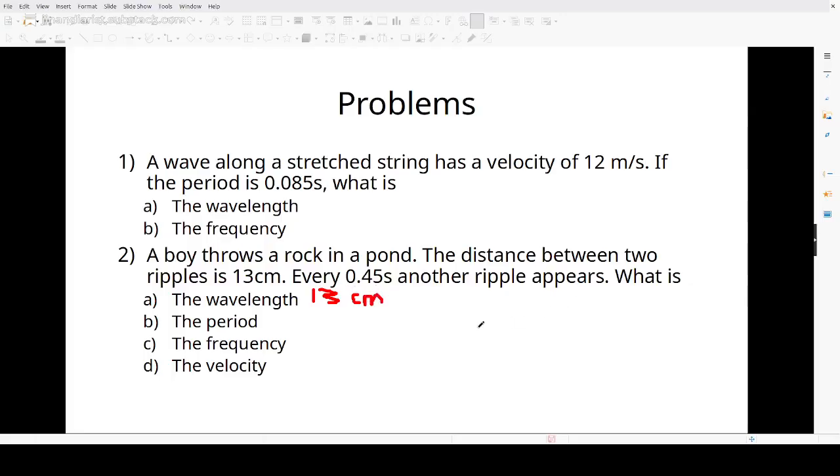The period is also a giveaway. If every 0.45 seconds another ripple appears, that has to be the period. Oops. My pen slipped, sorry, I have terrible handwriting. Now, what about the frequency?